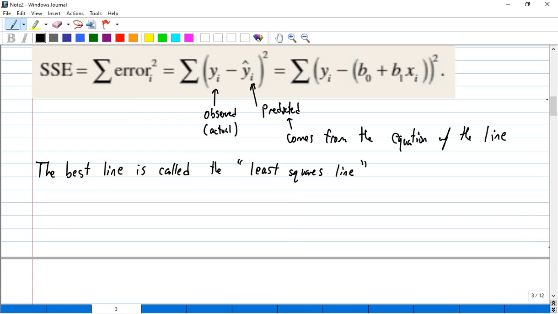Now, has anybody ever heard of, probably not unless you've studied mathematicians or had really good algebra in high school, Carl Gauss, G-A-U-S-S? He actually came up with a formula to figure out this least squares line.